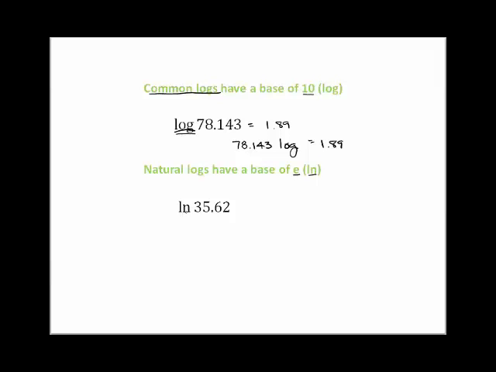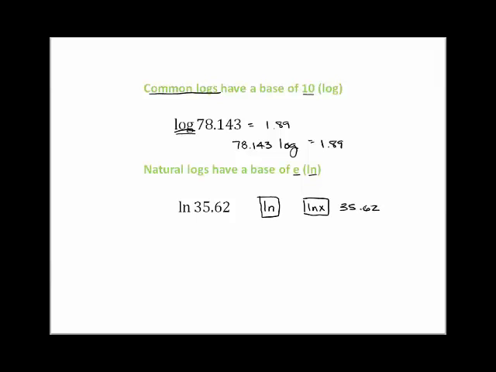And this time, we're going to take the ln of 30.62. Again, you need to find the ln button, and it may just be ln on a TI-84, or it may be a button that says ln of x. So you should have one or the other of those. So put in ln or ln x, and then put in 35.62.